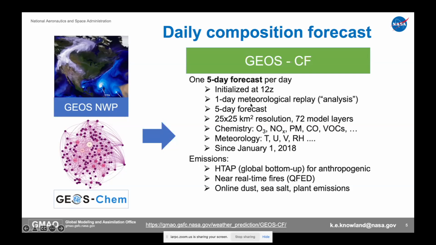So the one-day meteorological replays have near real-time information of QFED and some constraint on stratospheric ozone, but for the most part, there's no other data assimilation of constituents in the GEOS-CF. Right now, we are working towards that. So you can use the replay segment, which is available since January 1st, 2018, to compare to your model simulations.